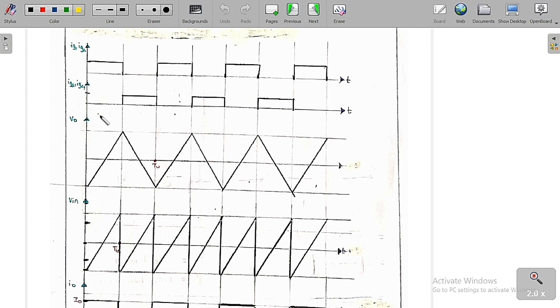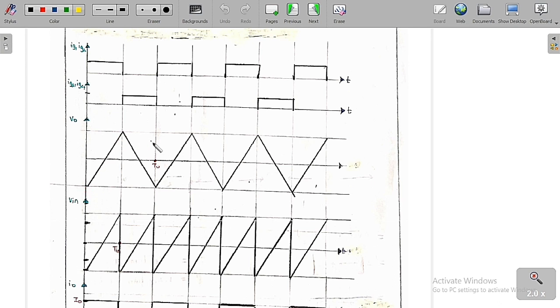Now I want to find the value of the output voltage. Whenever T1 and T2 are on, by using KVL we can say that the input voltage is equal to the output voltage. So the input voltage is in this manner, and therefore the output voltage will also be in the same manner.